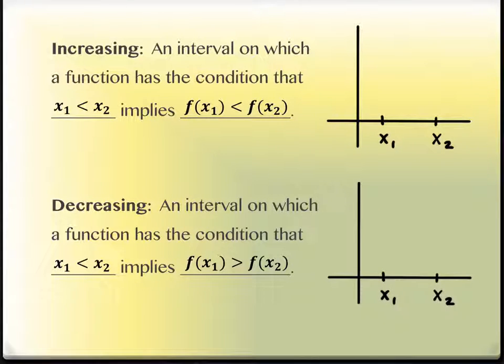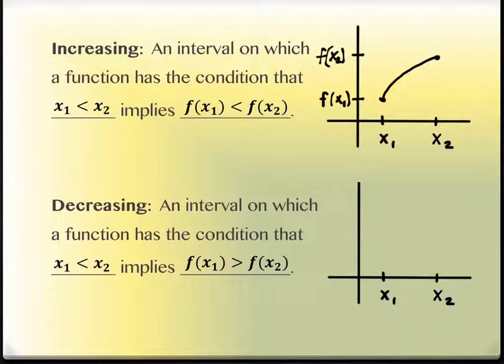All right, and then what we want, if it's increasing, is we want the y value for x1 to be smaller than the y value for x2. So it would look something like this. And then in some fashion or another, those 2 points are connected. Okay? That's what we mean by increasing.